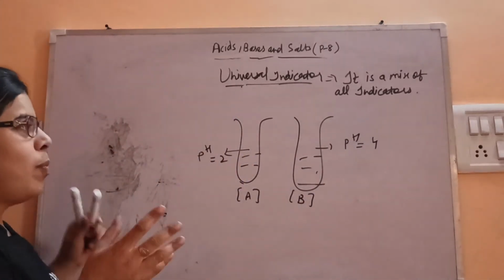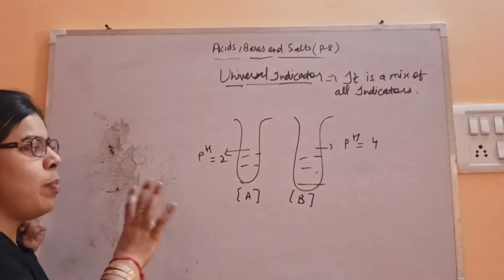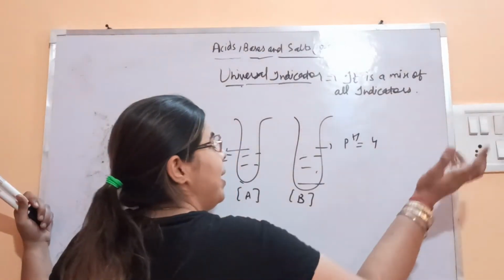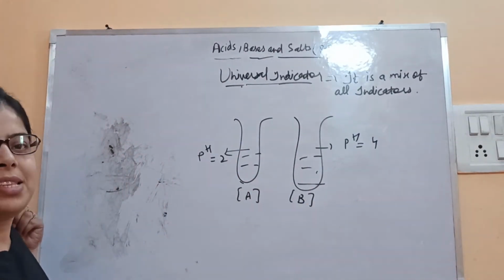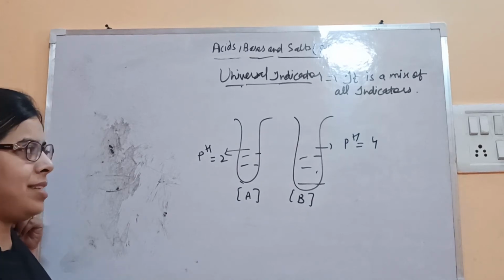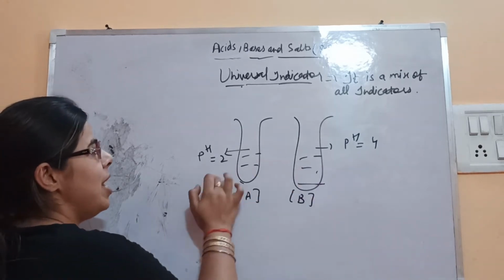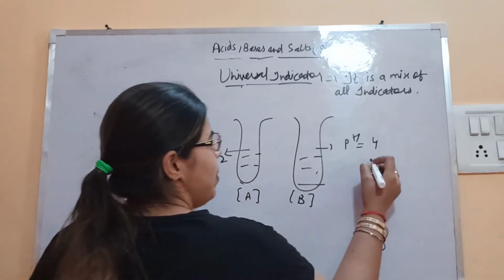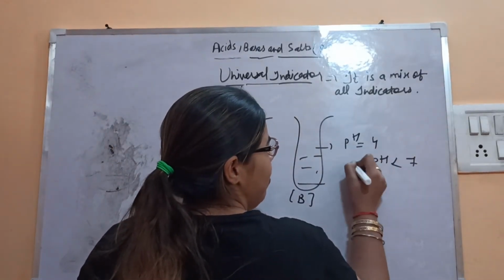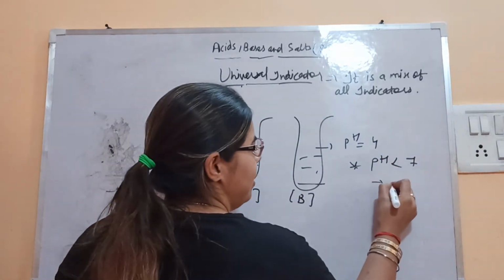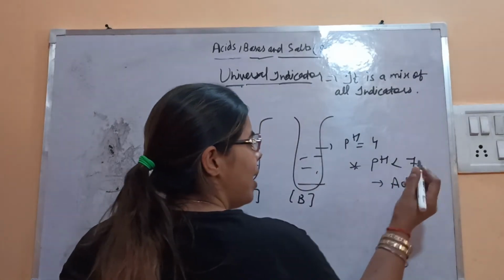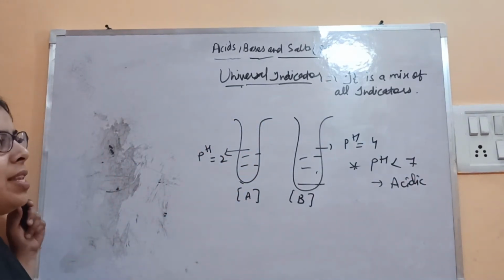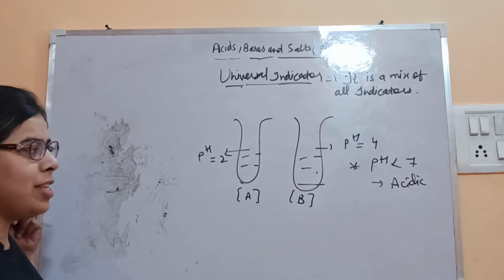Now see, both are less than 7. It means both are acidic solutions. But the thing is, which one is more acidic out of the two? Both are acid, because both have pH less than 7, which means acidic. So my question now is, which one is more acidic?